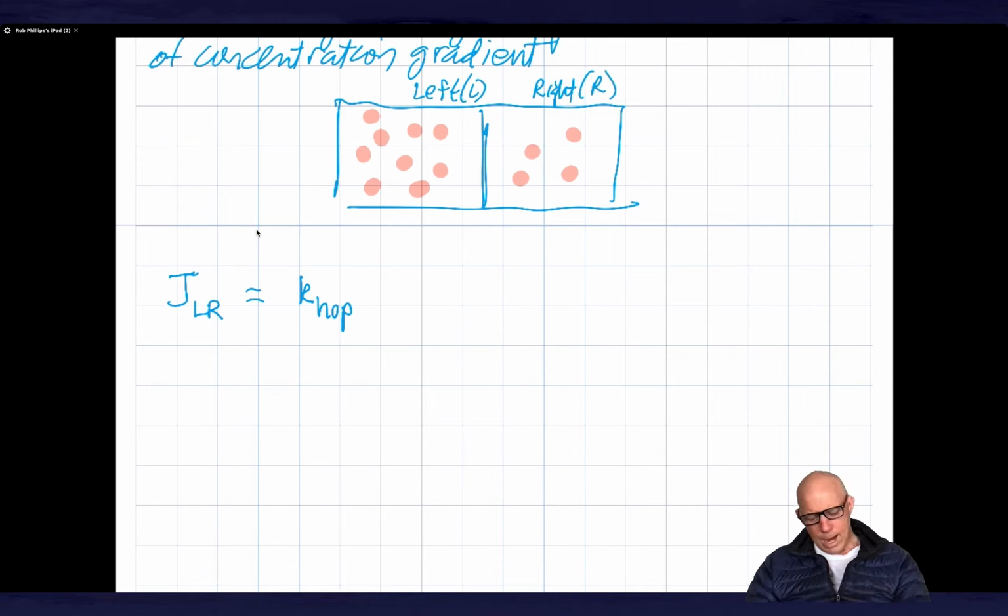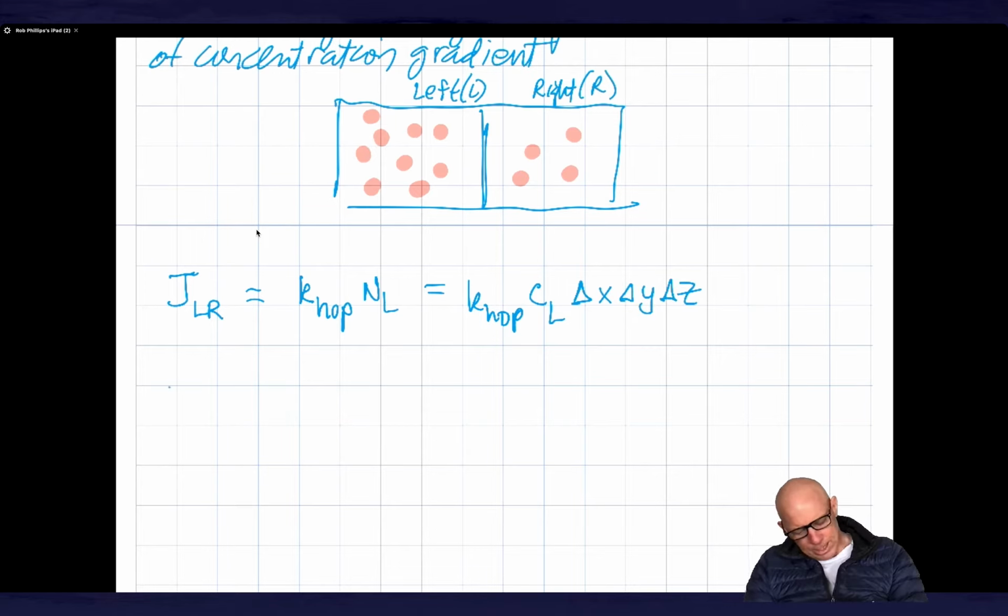So there's a k hop, and then times the number on the left, and that basically tells me the flux of molecules going from left to right, and I can rewrite this as k hop times concentration left times delta x, delta y, delta z.